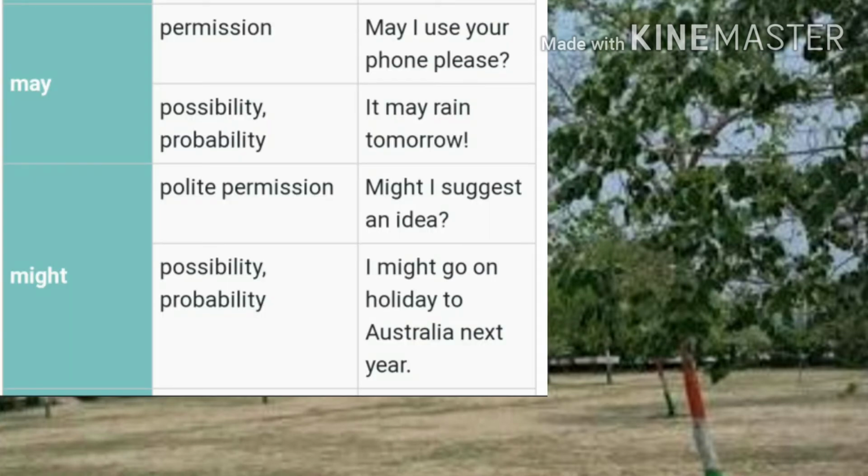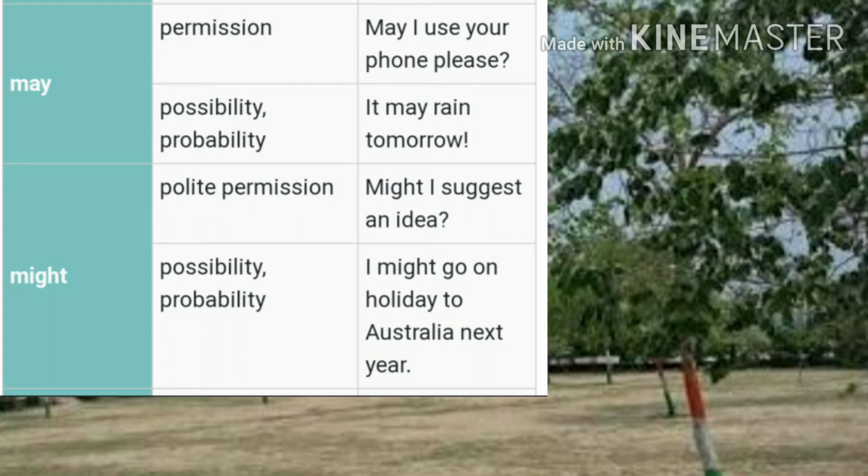Now may. May is also used for permission, possibility and probability. For permission, example is, may I use your phone please? Possibility, it may rain tomorrow. This is probability and possibility both. Next is might.